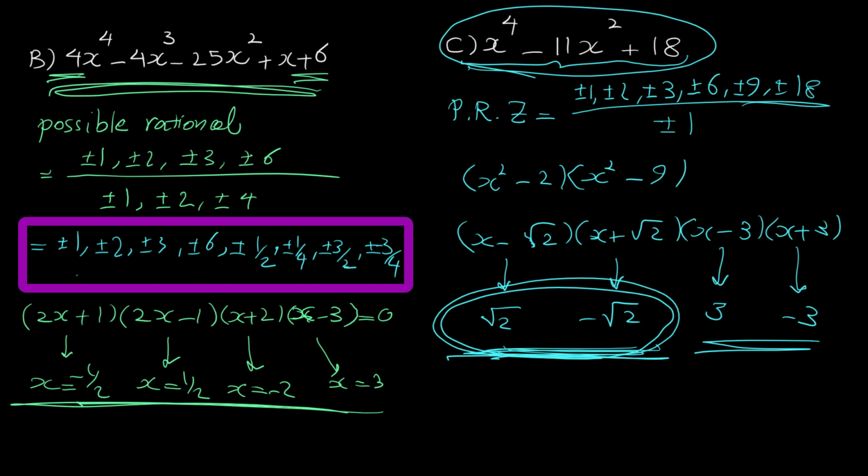The rational zero theorem tells you the possible rational zeros are in this list. But radical 2 is not a rational number. Negative radical 2 is not a rational number. So that's the reason these are not in the list of possible rational zeros.